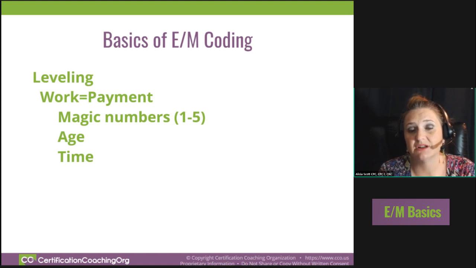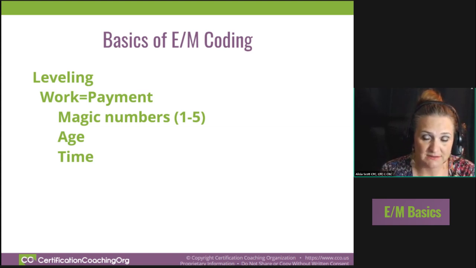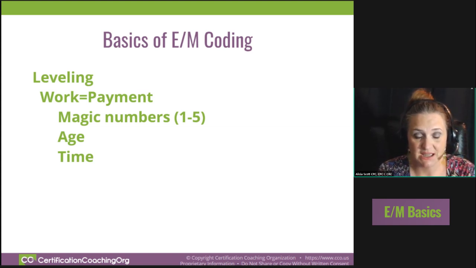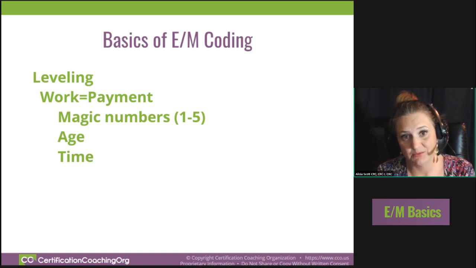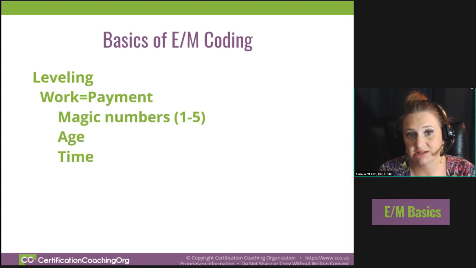Other types of leveling, though, it's not all about 1 through 5. 1 being ultimately a patient that's not as sick as 5, being a patient, hey, this patient's really sick, and it's possible we're going to send this person to the hospital. Sometimes it's based on age.